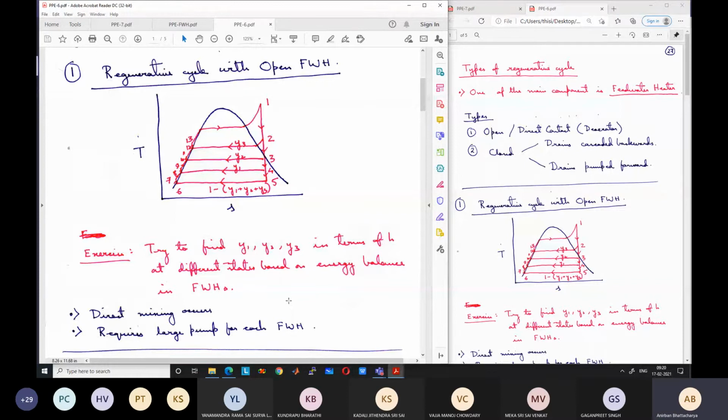However, the heat transfer is very good because there is direct mixing. We get very good heat transfer, and also in these cases, we will see later towards the end, the dissolved air which is present can be removed from the feed water heaters. From the feed water heater, the dissolved air can be removed at low pressure, and that is very beneficial because you don't want any dissolved gases in the feed water.